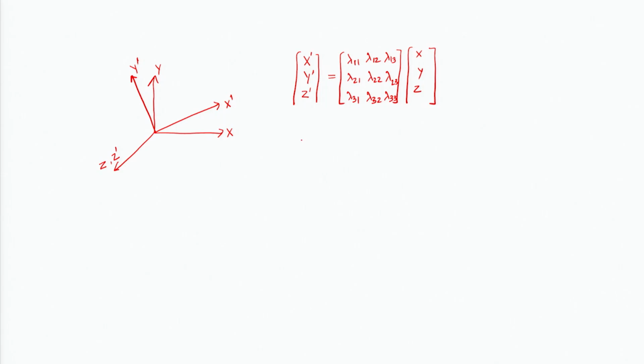Now, for any of the values, lambda of ij in general is the cosine of the angle between x prime i, which if i happens to be 1 is the x, if i happens to be 2 it is y, if i happens to be 3 it is z in the given system, and the old one, which I can simply call x of j.